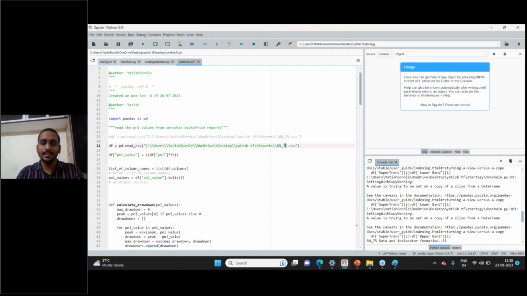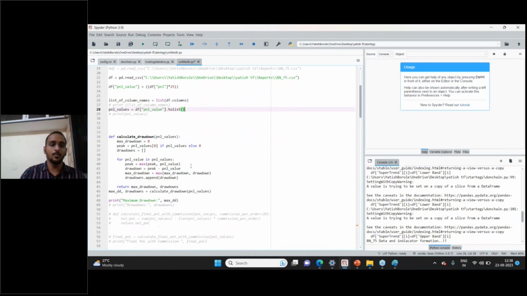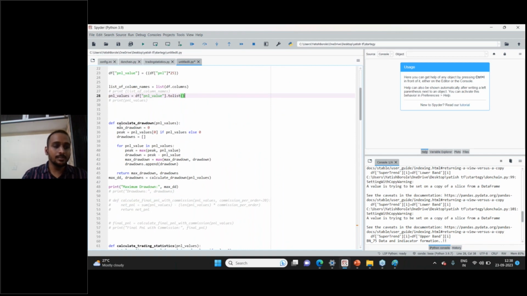I haven't passed it currently; I will quickly go through the code first. We have this calculate drawdown function, which calculates the drawdown for us.